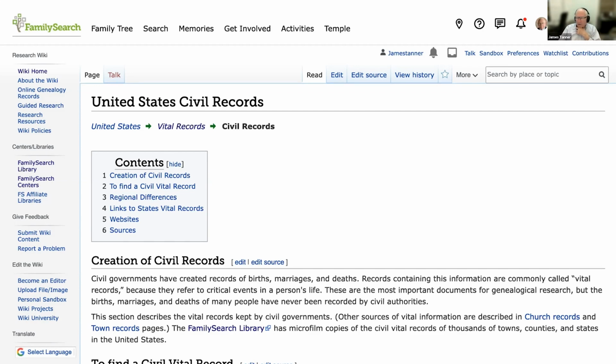For example, if you're doing research in Scandinavia, you'll find civil registration records go back quite a long time into the past, and they are very accurate and very useful. There are some things beyond just the pure birth, marriage, and death. I must remind you of what I mentioned a moment ago: the United States doesn't have any comparable civil registration requirement.